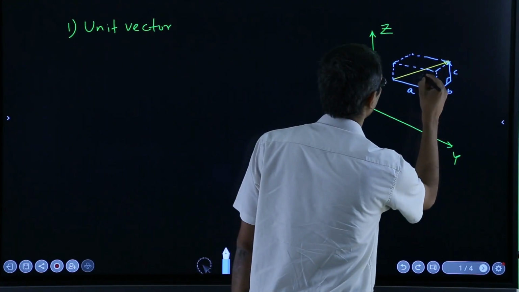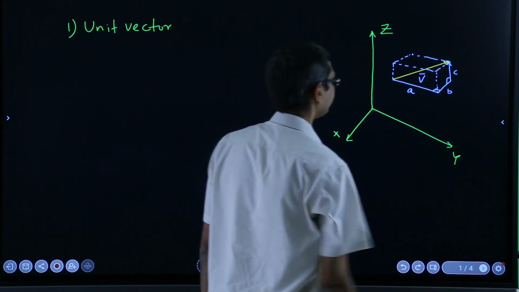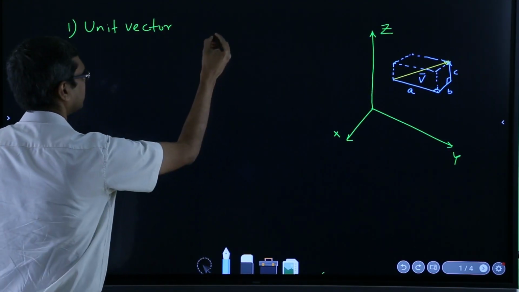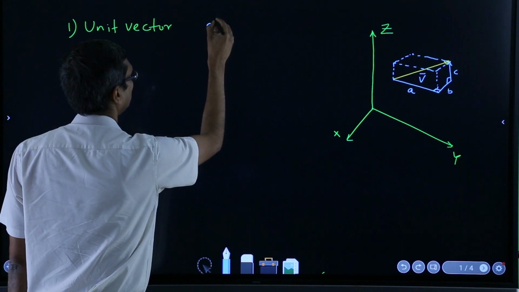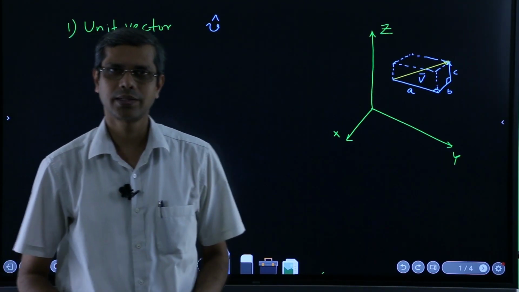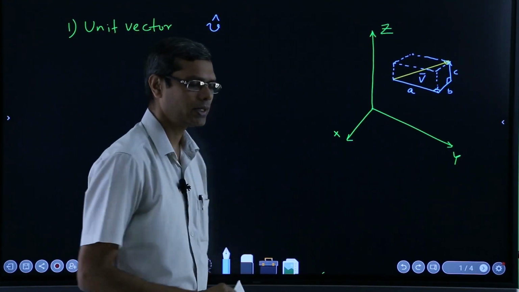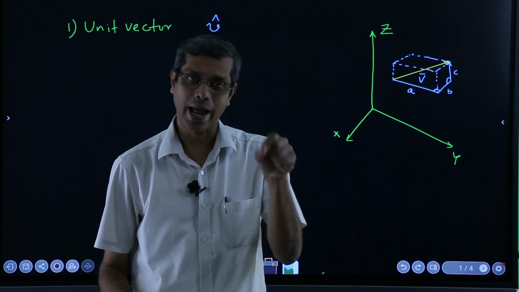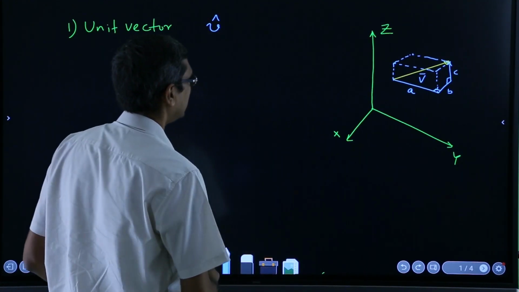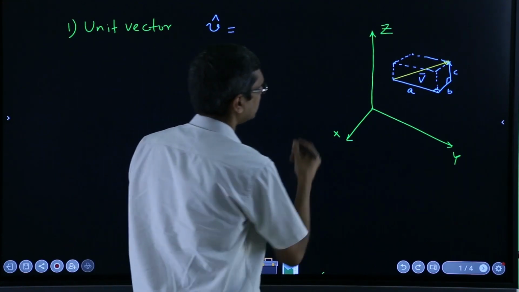Suppose the vector's name is V. You remember we always told that when the actual vector is capital V with a bar over that, the small v with a hat over that will denote the unit vector in that direction. So, that will be equal to what?